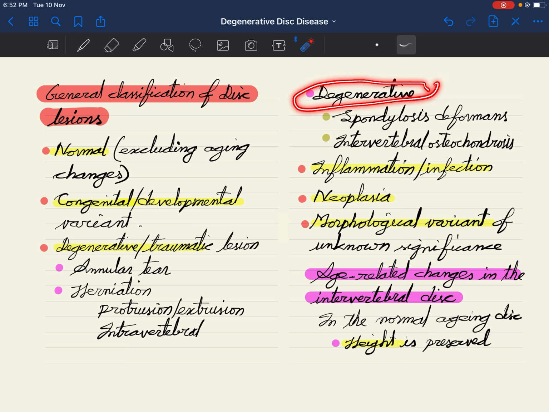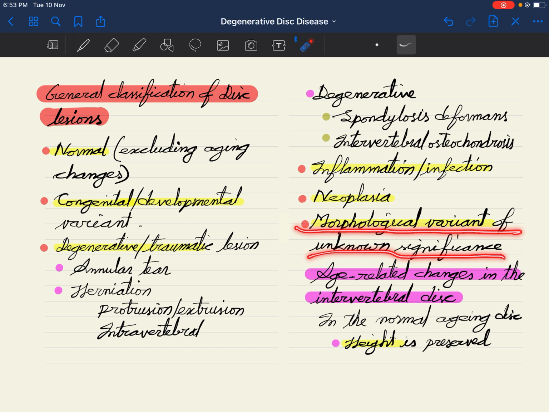In the degenerative case, there are also two types: spondylosis deformans and intervertebral osteochondrosis, which will be discussed later on. Disc lesions also can occur due to inflammation or infection, or due to neoplasia, or due to morphological variants. A disc lesion may also be a morphological variant of unknown significance.